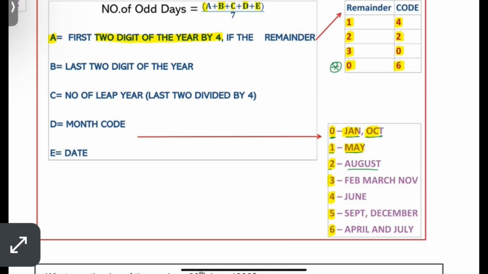I can put a reference of my birthday date, and my mother's, father's and sisters' birthday dates, and memorize it directly. Likewise you can create a mnemonic out of it and try to memorize. So D is the month code, which means if the given month is June, then the code will be 4. And C is the last two digits of the year, and E is the date.